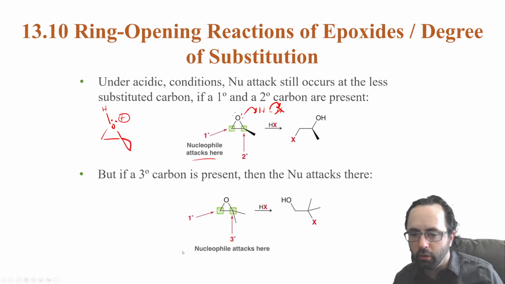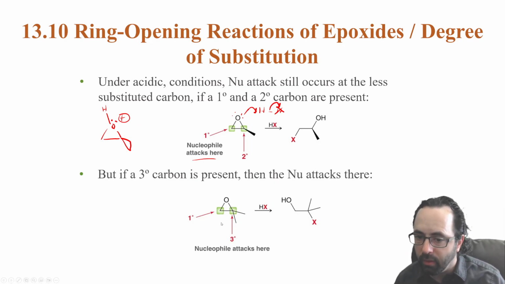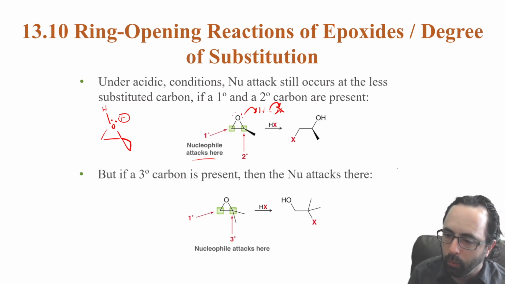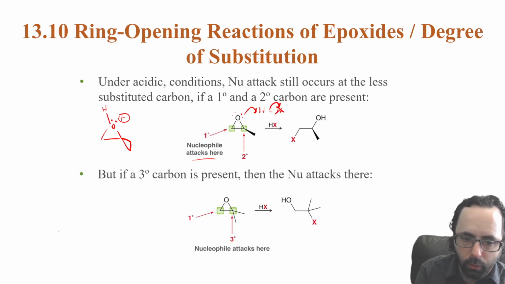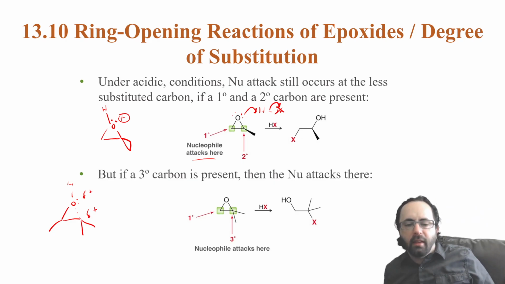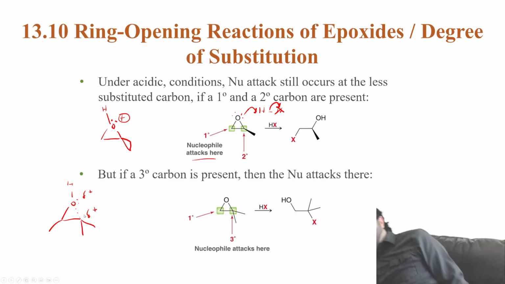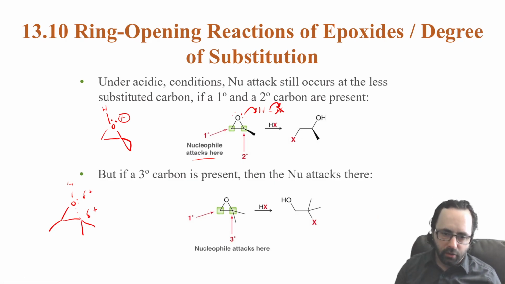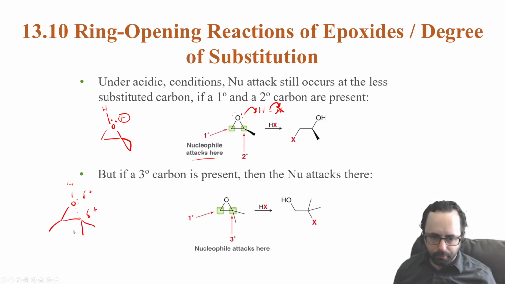When we have the protonated version, in this ring opening, when this ring is opening, we've got the positive formal charge here. And now it's going to become partially positive here. So this is very analogous to what we saw in chapter 8, the addition reactions, when we talked about epoxides.